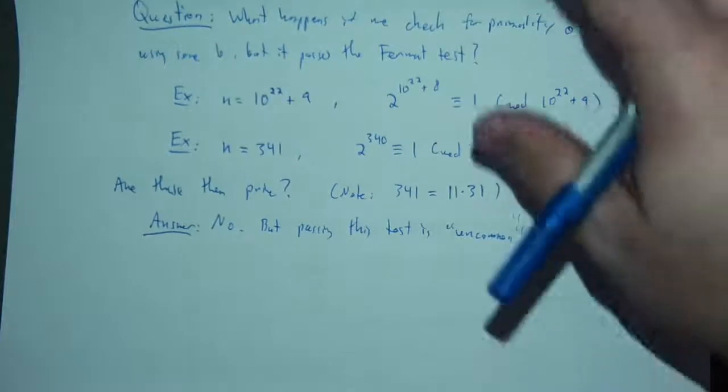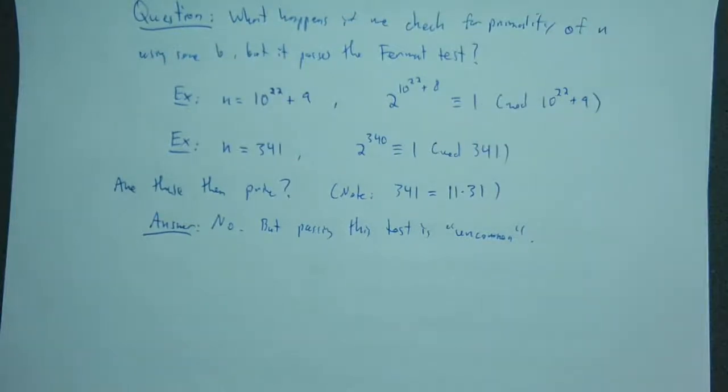Well, the point here is that it is uncommon, in a sense, and we'll see what that means exactly, for it to pass this test for a single b. Passing it for multiple b's is even rarer.